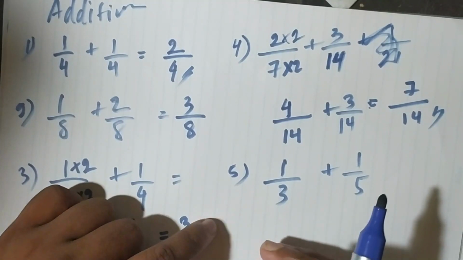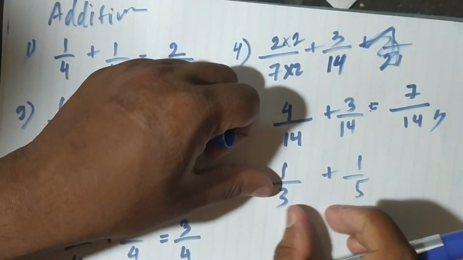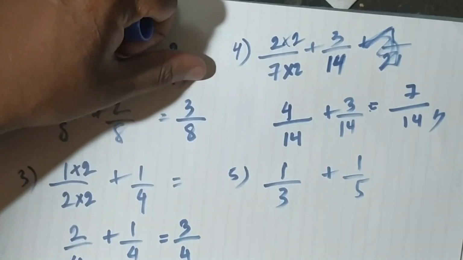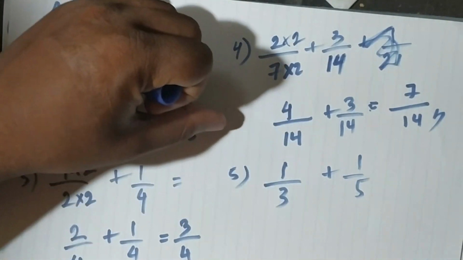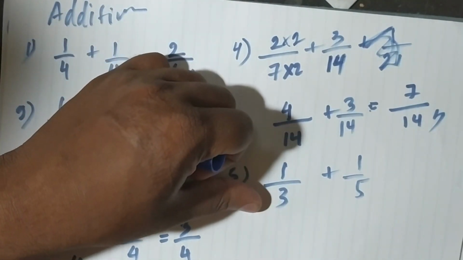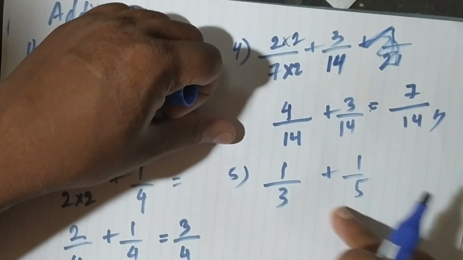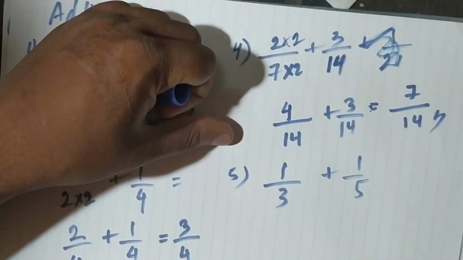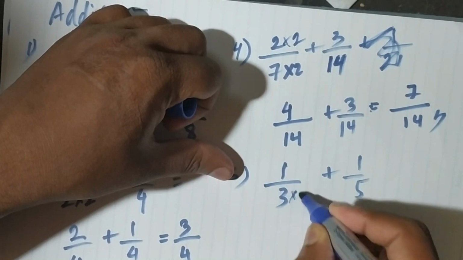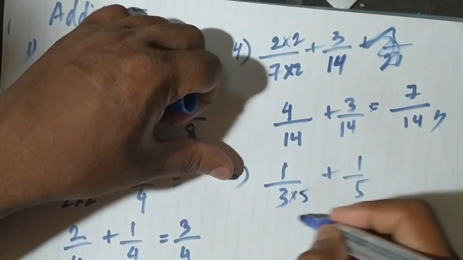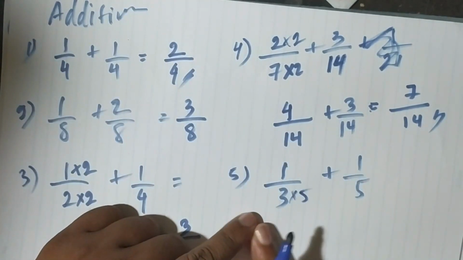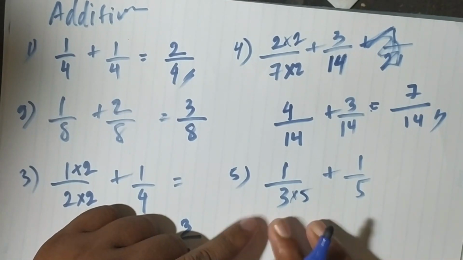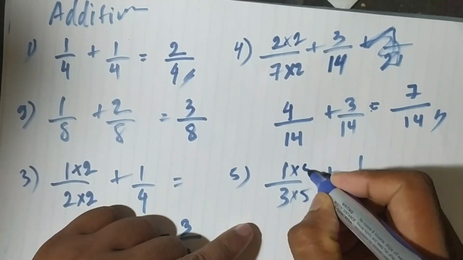I can't change it into 5 and I can't change this into 3. So in this situation, what did I do? Multiplied these two. 3 into 5 is 15. So if you multiply any number with denominator, the same number you should multiply by numerator.